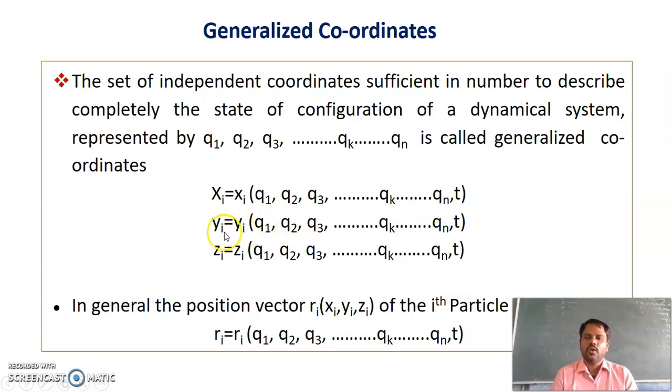Similarly, y is a function of q1, q2, q3, up to qn, and z is a function of q1, q2, q3, up to qn and t. These coordinates q1, q2, q3, up to qn are known as generalized coordinates.